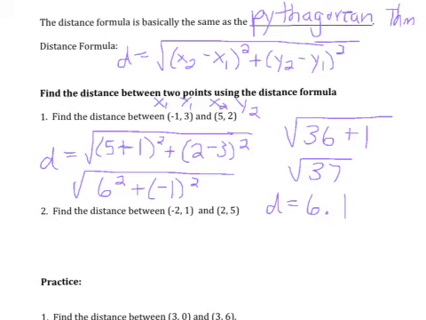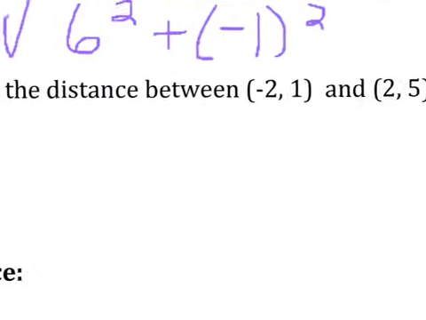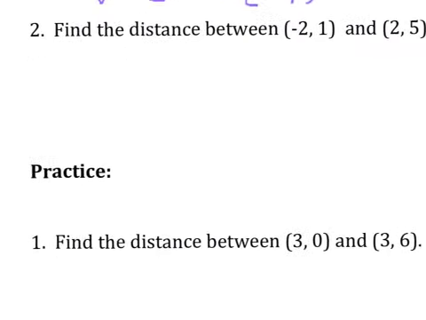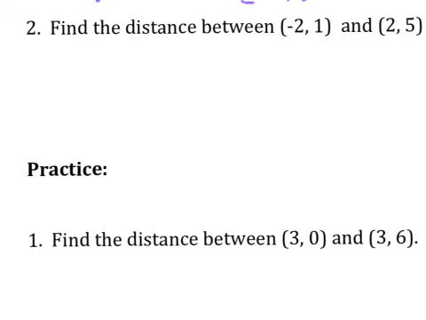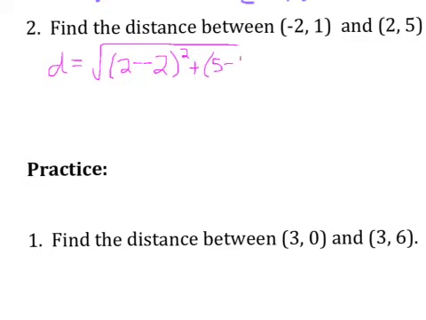Let's try it again with -2, 1 and 2, 5. I'm just going to zoom in on that problem so we have a little bit more room to write. So let's do D equals the square root of 2 minus -2 squared plus 5 minus 1 squared.